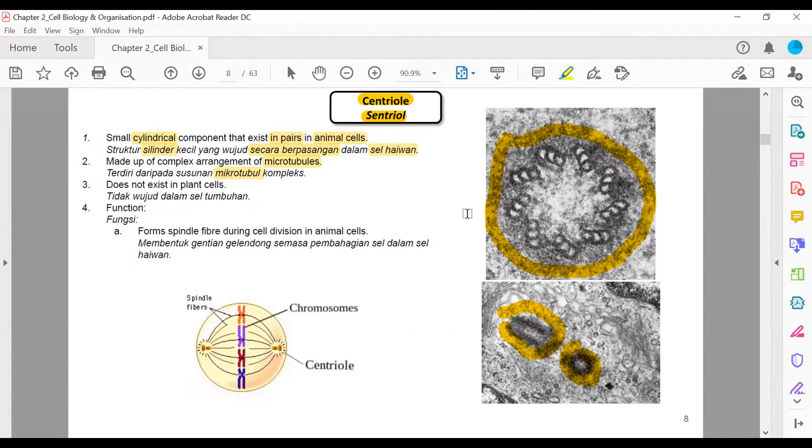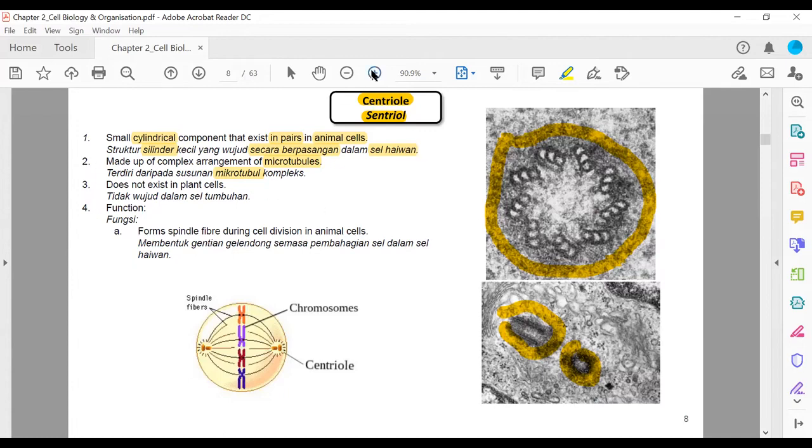Microtubule ni dia macam sel punya skeleton. Apa maksud skeleton? Tulang. We have bones, right? Which we have skeletons. So dalam sel, the cell's skeleton, tulang sel dipanggil sebagai microtubule. Of course, I didn't put the picture here. It is a bit complicated. I don't want to show you the picture of the microtubule. Anyhow, you can Google and see.